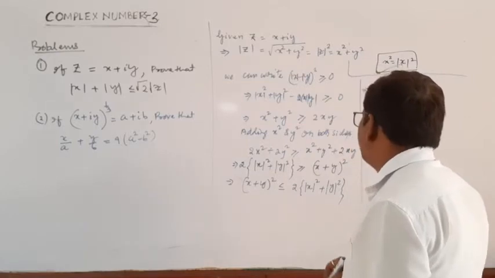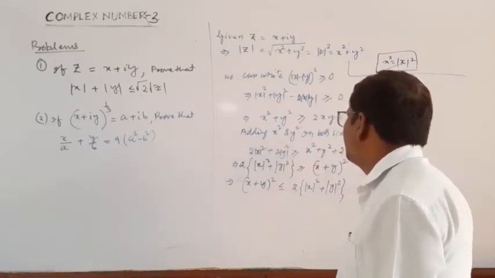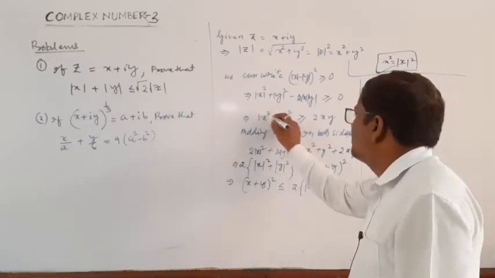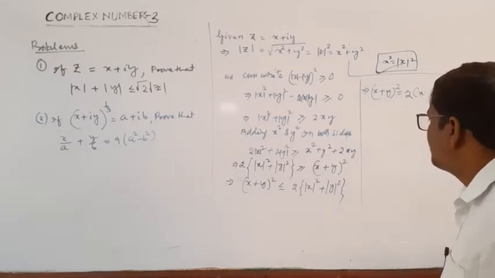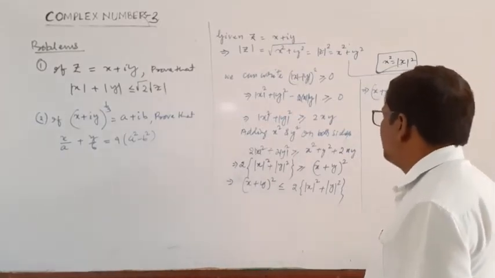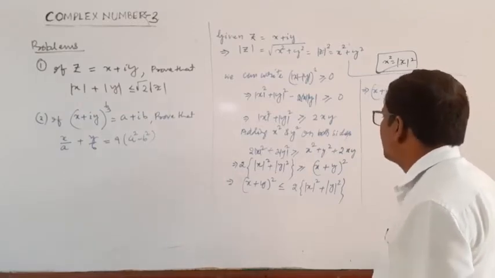Now this is mod x square, this is mod y square, and adding both sides x square y square, mod x square equal to x square.